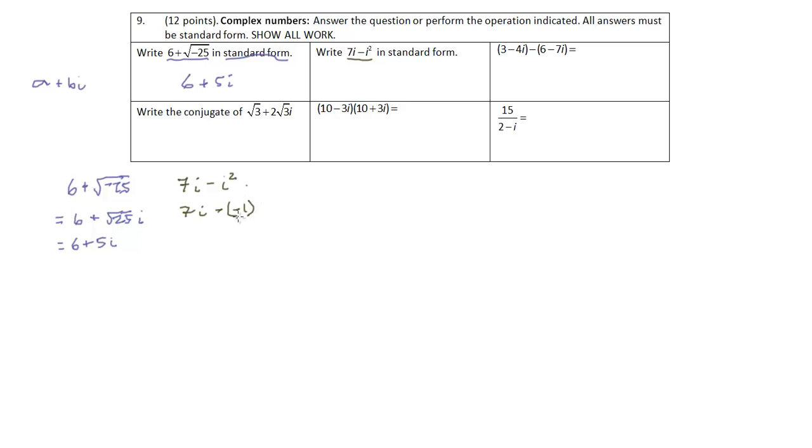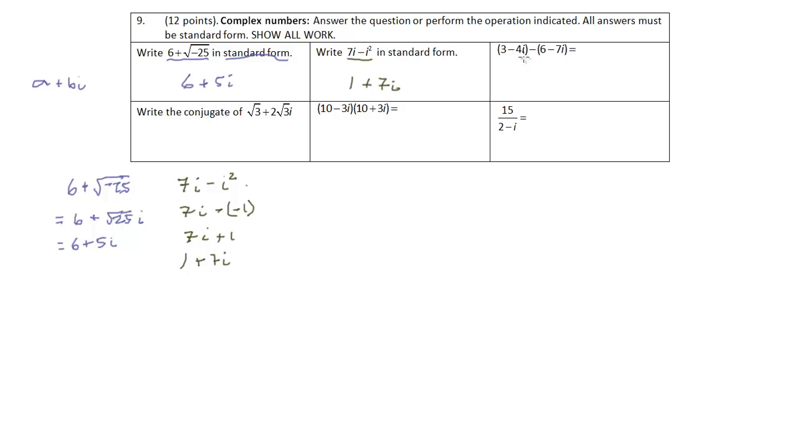So we simplify subtracting -1, that's plus 1. So it's 7i minus -1 is plus 1. And then in standard form, that's 1 plus 7i.